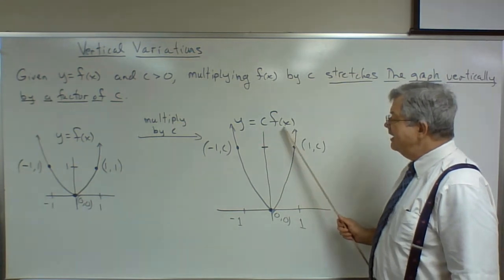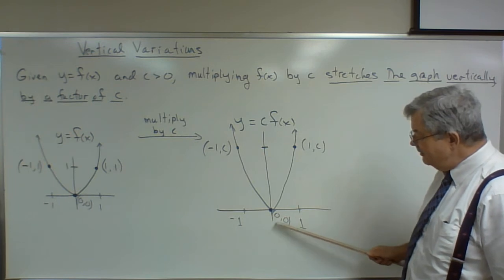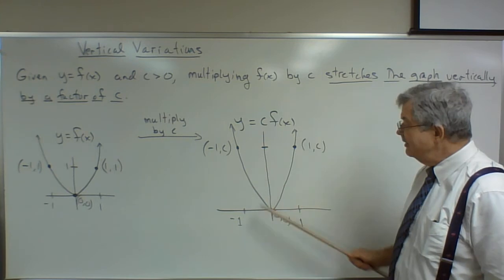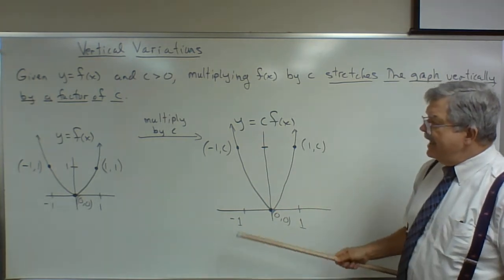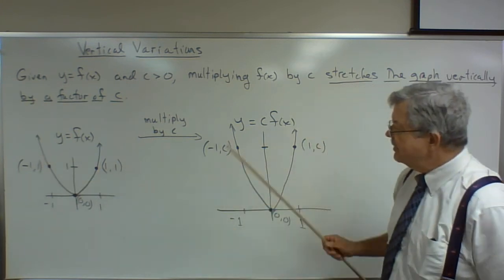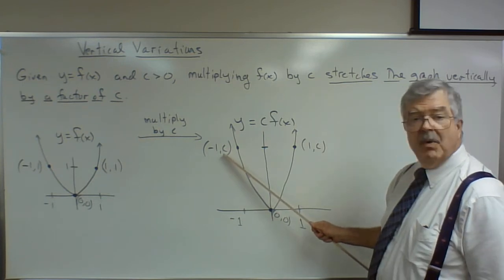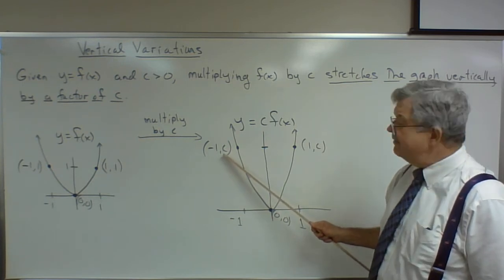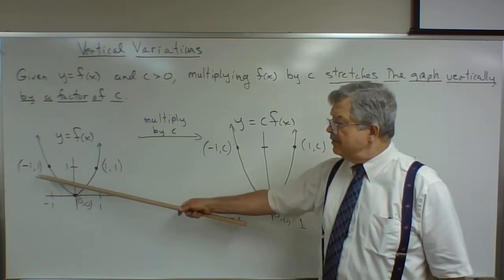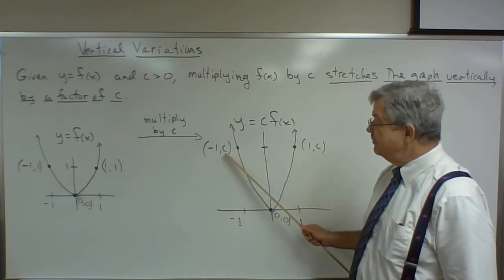What happens if we multiply the y coordinate by c? Y equals c f of x. We use the same x values, -1, 0, and +1, to form our skeleton to hang this graph on. But now, the y coordinate when x is -1 isn't 1 anymore, it's c. The y coordinate has increased in value by a factor of c. Or another way of saying that, we took the y coordinate of the old graph and multiplied it by c.